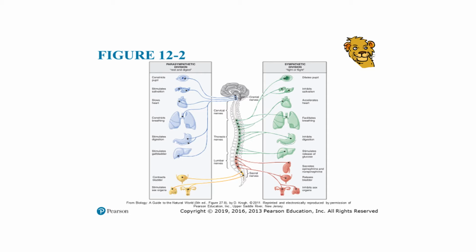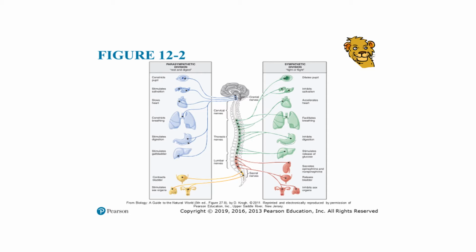Okay, now let's go look at the sympathetic division. They are essentially coming from the thoracic and lumbar spine. Okay, so there's a sympathetic chain of nerves that follows the spinal cord downwards, starting in the lower cervical nerves and ending in the lumbar area.